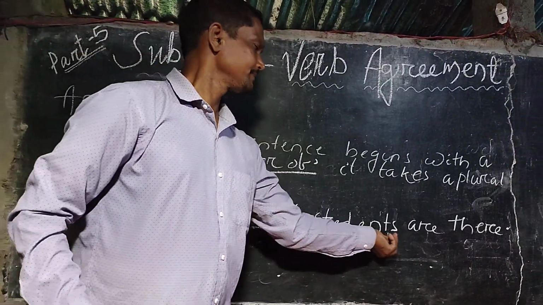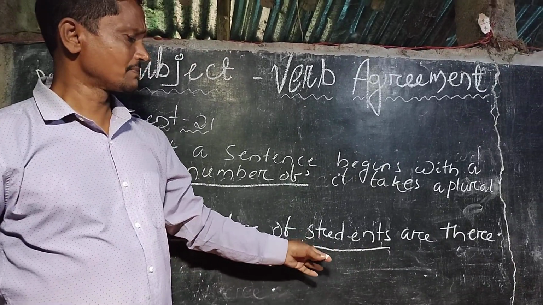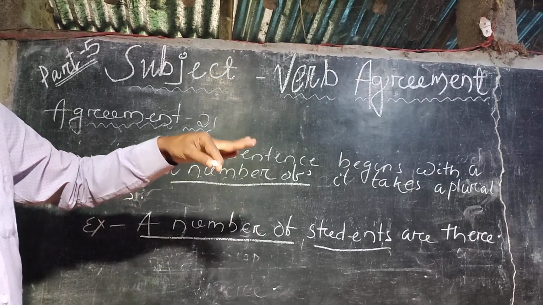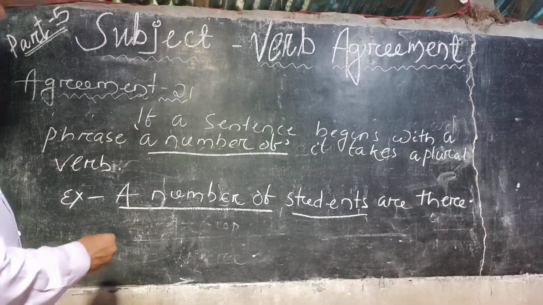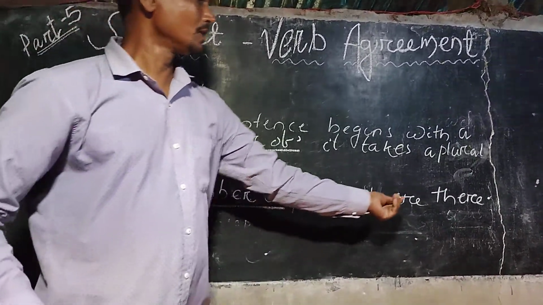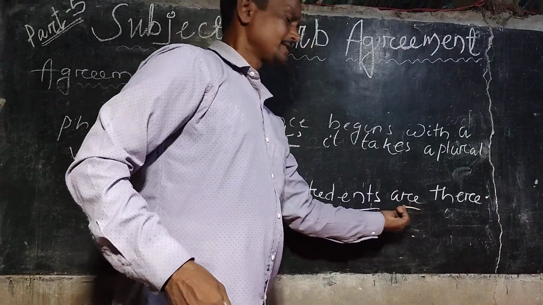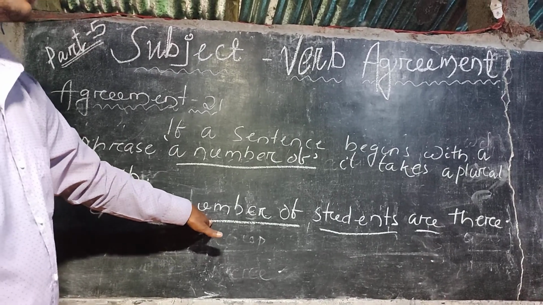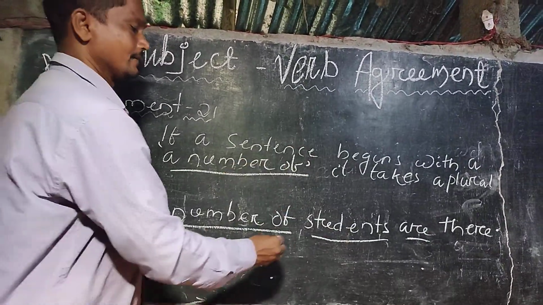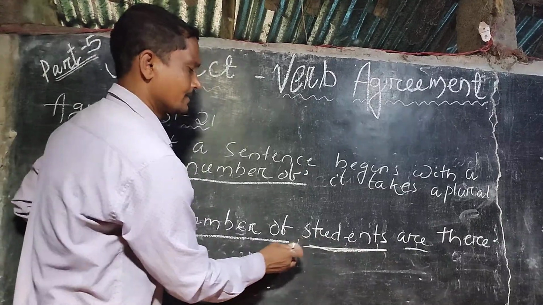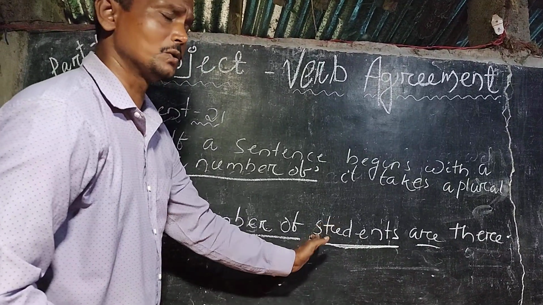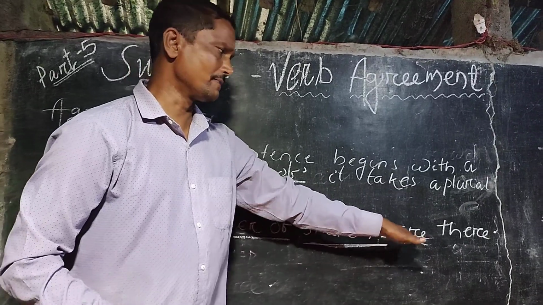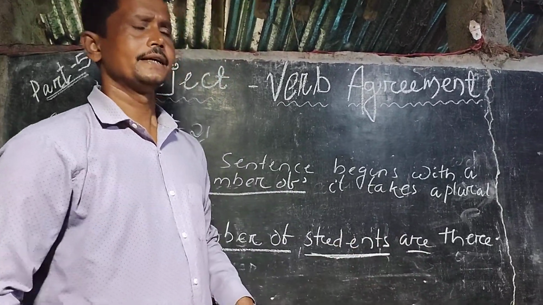Here "students" is plural, because the sentence begins with the phrase "a number of" and the noun used after it is a plural countable noun, and only for this reason we use the plural verb.